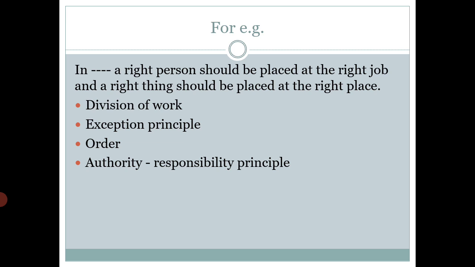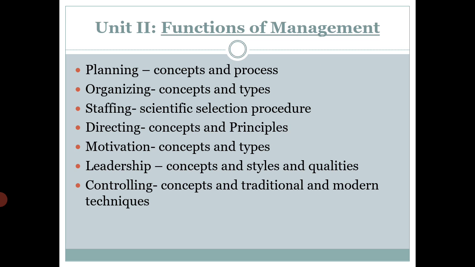Then the functions of management. There are different functions of management. For your studies we have planning, organizing, staffing, directing, motivation, leadership, and controlling. Here we need to recall the meaning of planning, its definition, and the process of planning, the different steps included in it. Then organizing: we need to remember its meaning, the different types of organizing, and how organizing differs from organization.